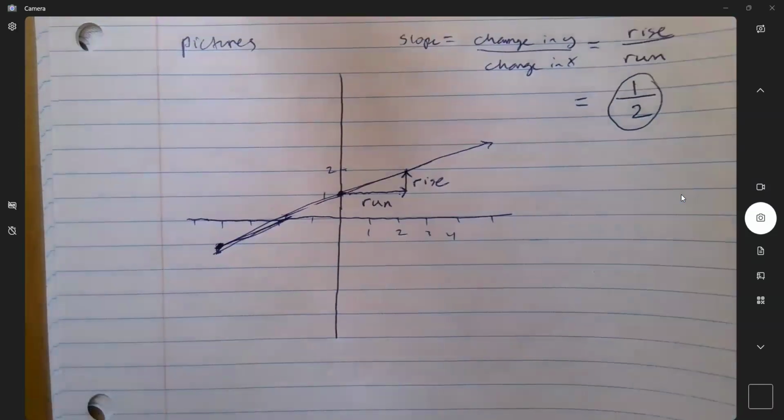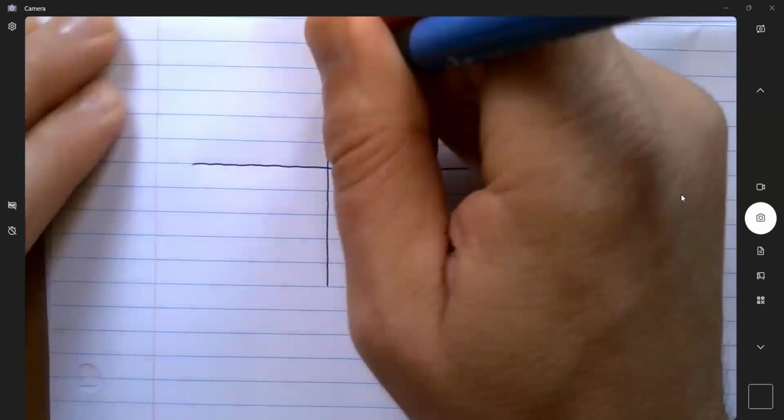Let's do another example. Let's start here, and it's going to plunge down pretty quickly.